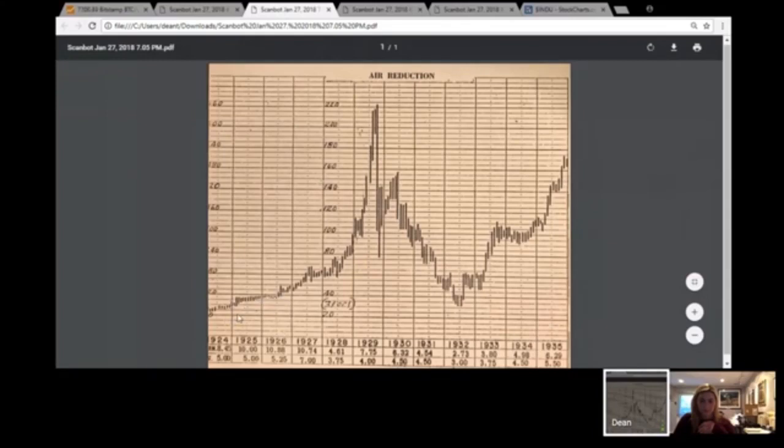You can draw a straight line under that angle. Then in 1927, 1928, it accelerates, a sharper angle than the first one. And then in 1928 and 1929, it accelerates straight up into the phase 4 ending boom.